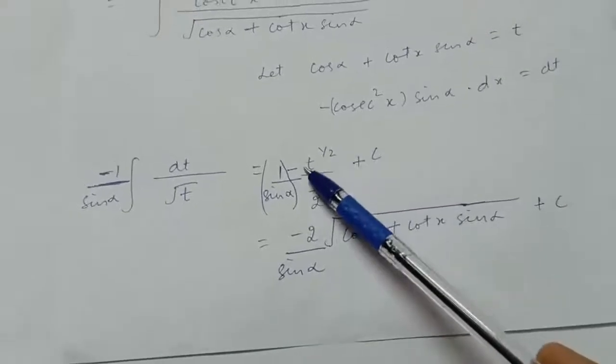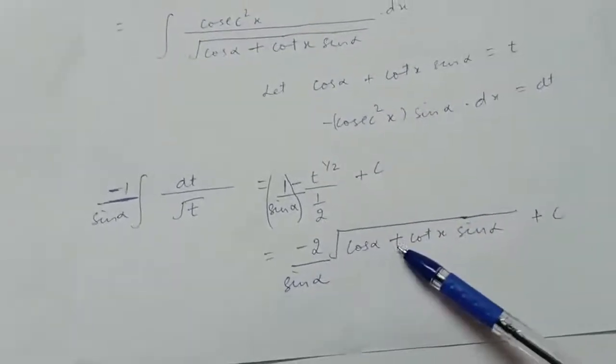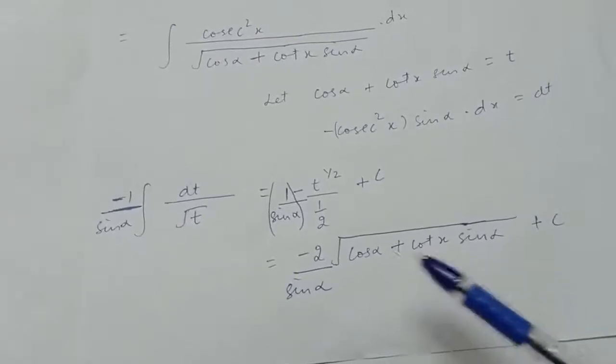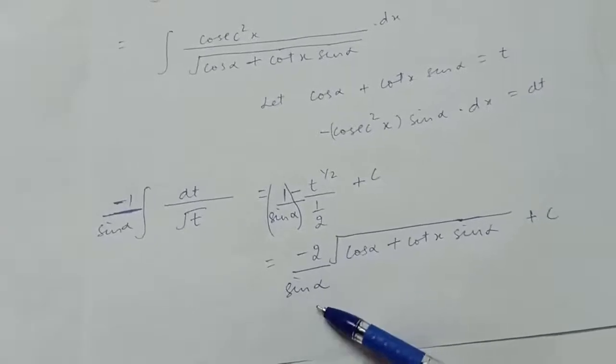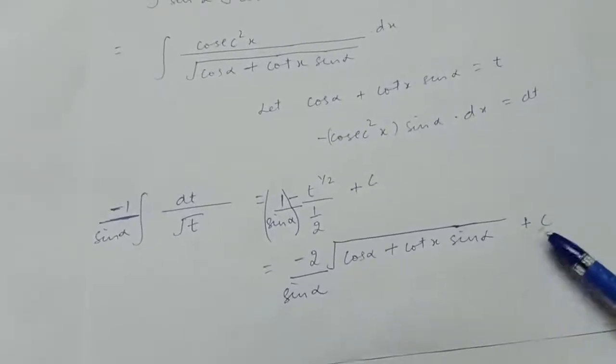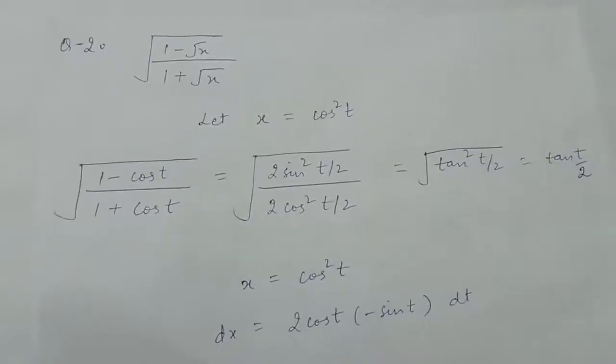Now in place of this t, write down what you assumed, root of (cos alpha plus cot x into sin alpha), and this 1 by 2 will go in the numerator. It will be minus 2 upon sin alpha, times that, plus c. Clear?